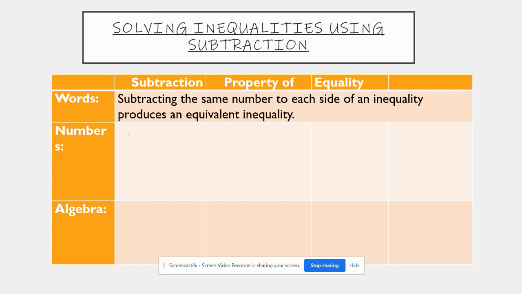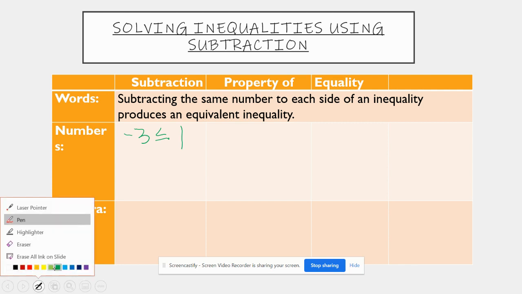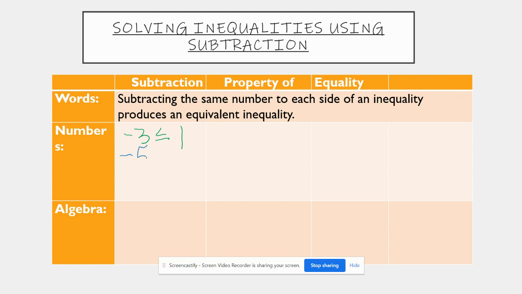So in this instance, if we had -3 is less than or equal to 1, and we subtract 5 from both sides, -3 minus 5 more is -8. 1 minus 5 is -4. -8 is still less than -4. This is true, and because we subtracted 5 from both sides, that's the subtraction property of equality.